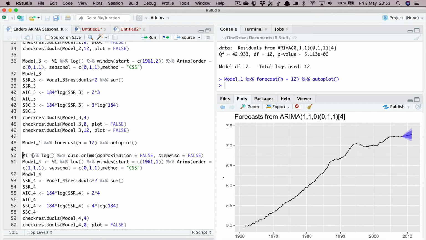So I've taken my data, M1, of course, is my variable with the data in, then piped into logs. So again, I've taken the log, of course, as we did, and then I've simply piped that log data into auto.arima, and in order to make sure it searches as thoroughly as possible for the best model, you set these two values here, approximation and stepwise, to false.